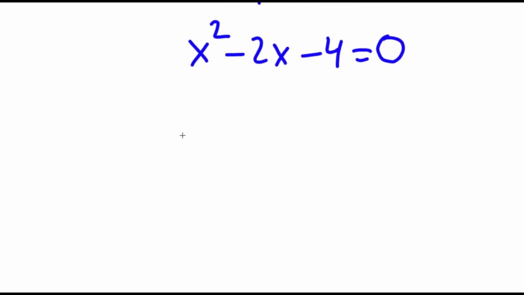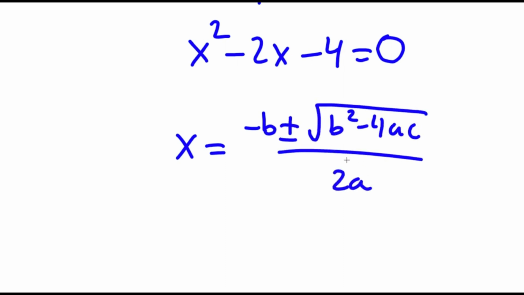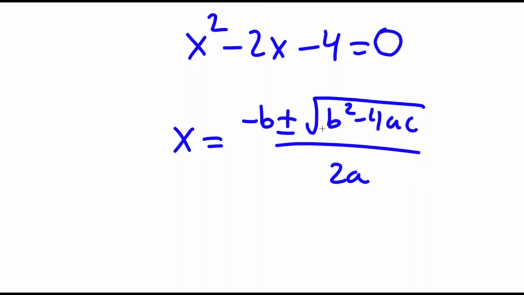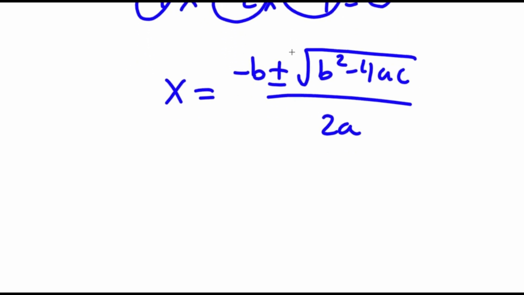Now to solve this, I'm going to use the quadratic formula, which is negative b plus or minus the square root of b squared minus 4ac, all over 2a. So in this case, b is -2, a is 1, and c is -4.